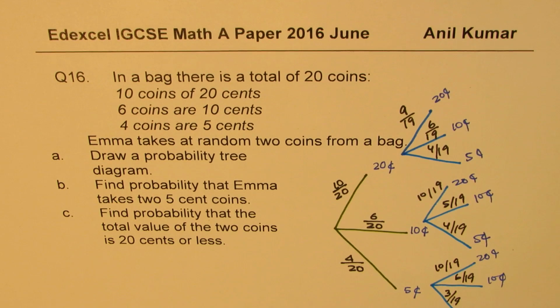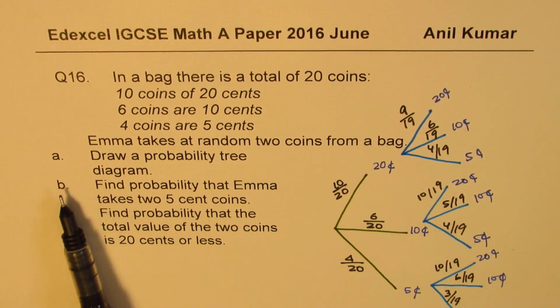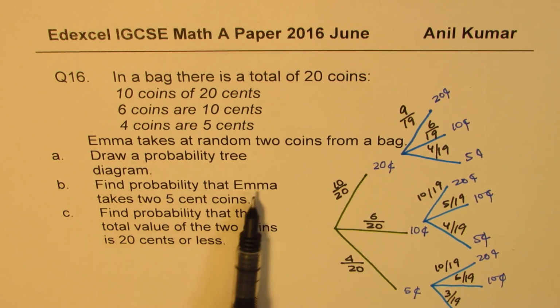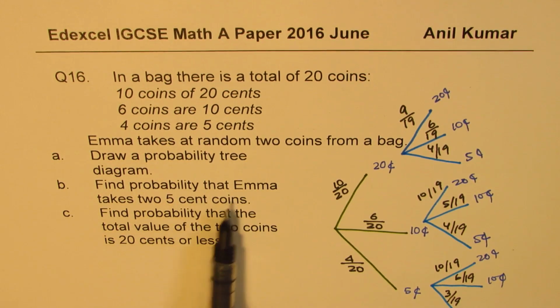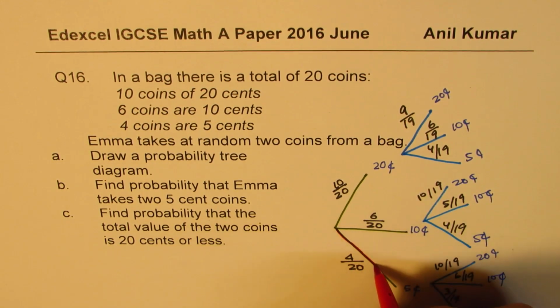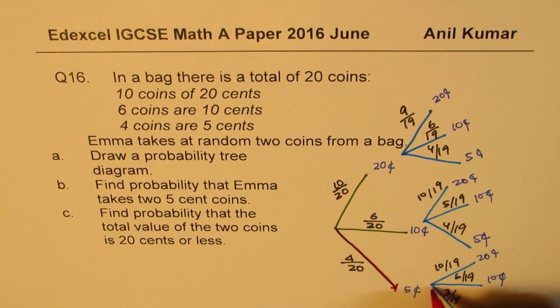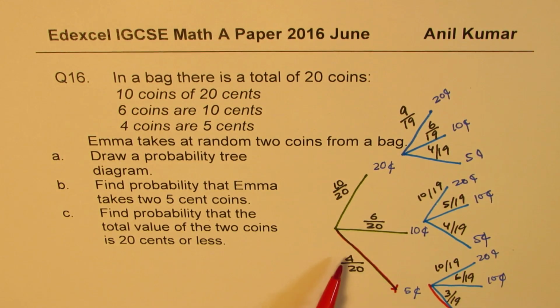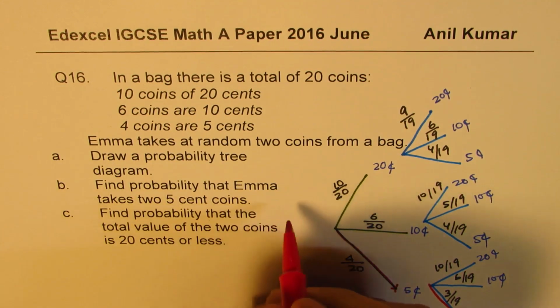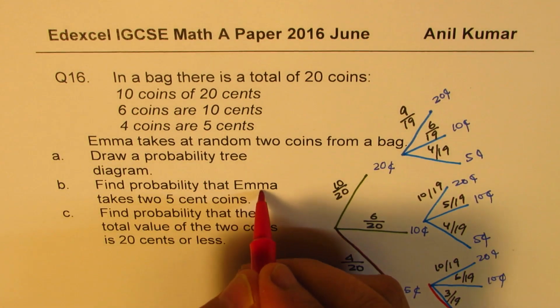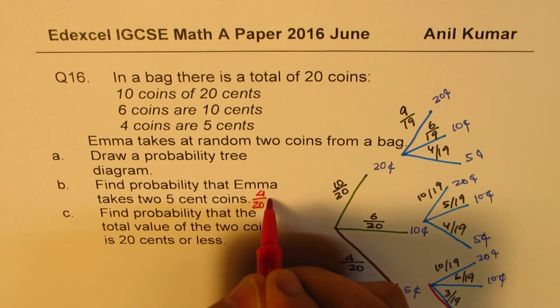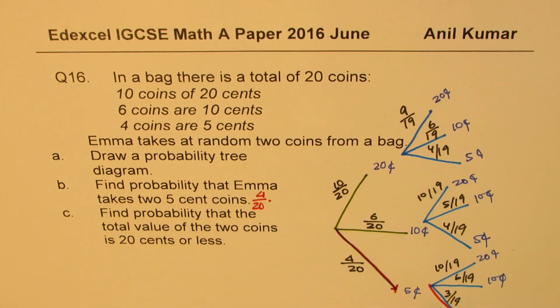Perfect. So we've done the probability tree. Part B is find the probability that Emma takes 2 5-cent coins. If she is taking 2 5-cent coins, that means we follow this path: a 5-cent coin and then again a 5-cent coin. So the probability will be 4 out of 20 times 3 out of 19.